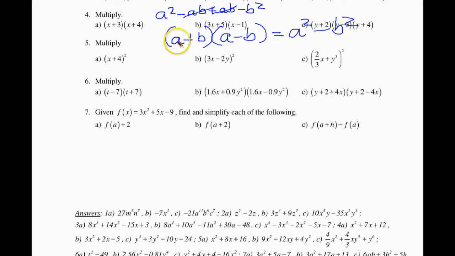Now, these individual terms have a special name. It's the product of the sum and difference of the same terms. These have a special name in regard to each other. They are called conjugates. And write this word down here.